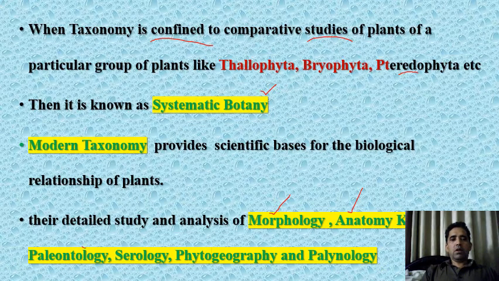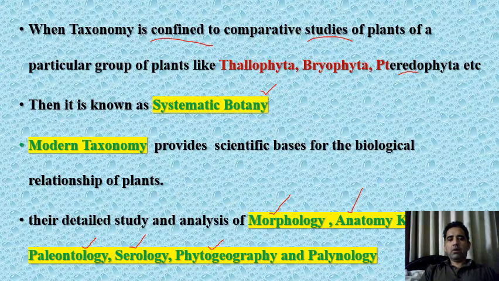Serology deals with chemical products present in different plants, when they are classified on the basis of chemicals. Phytogeography is the distribution of plants, and palynology is the study of pollen, their structure, their different characters, etc.